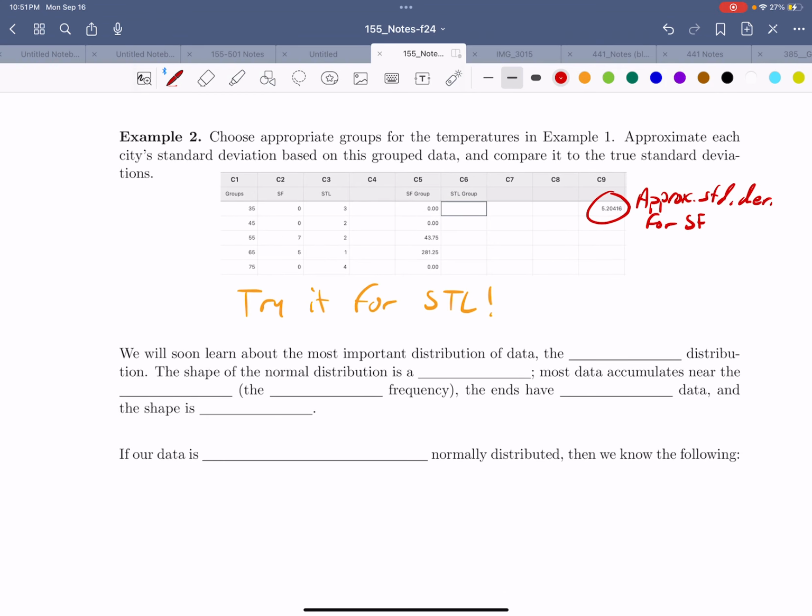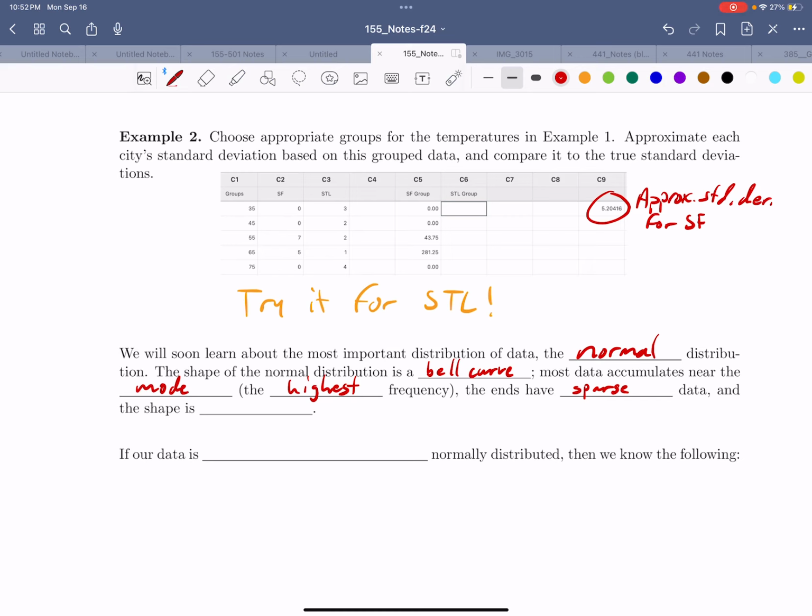We're soon going to learn about the most important distribution, the normal distribution. The shape of a normal distribution is a bell curve. It is unimodal. Most data accumulates near the mode, which is the highest frequency, and have, I guess I'd say, sparse data, very, very little data.